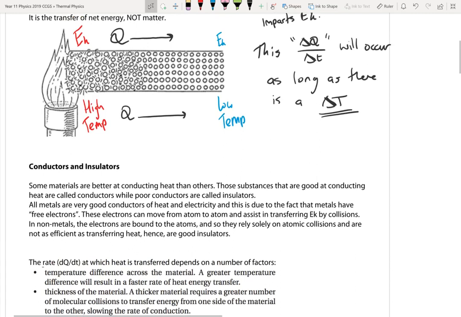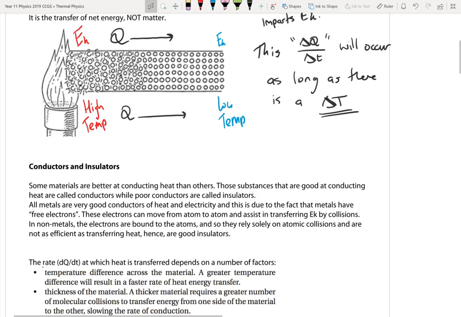So, we know that some materials are better at transferring heat via conduction than others. We call them thermal conductors. If they are not good, we call them insulators. If you are a poor conductor, you are an insulator. It comes down to whether you have free electrons or not.